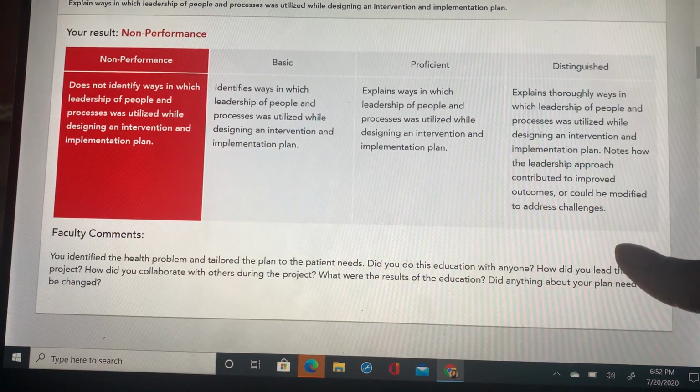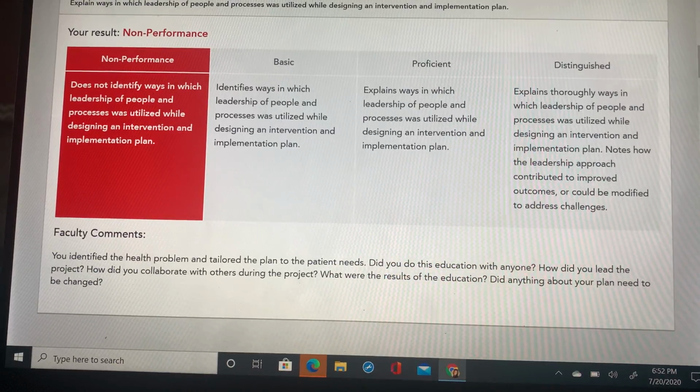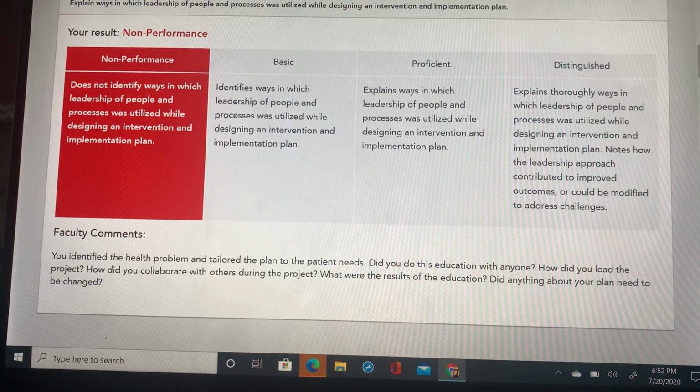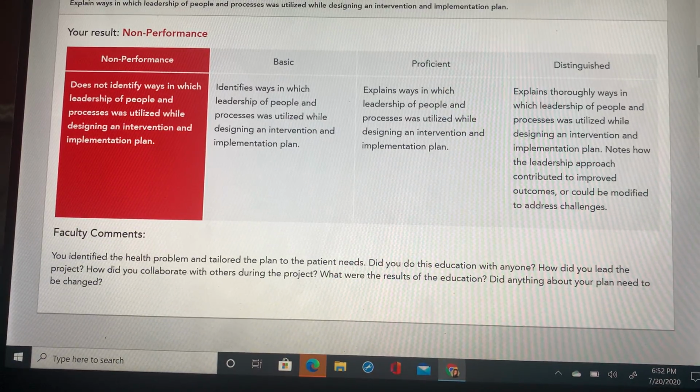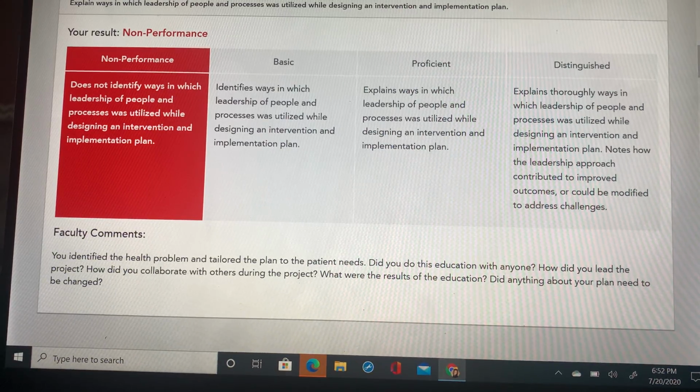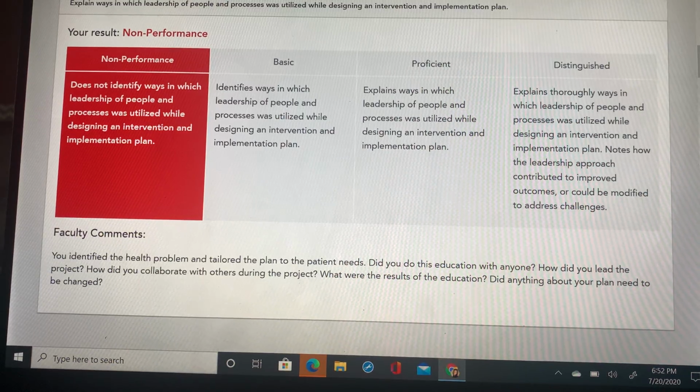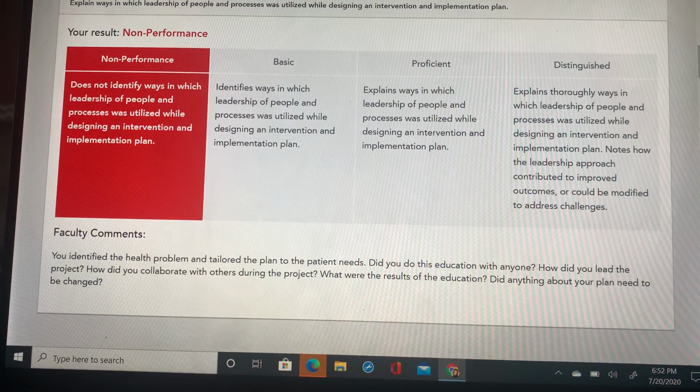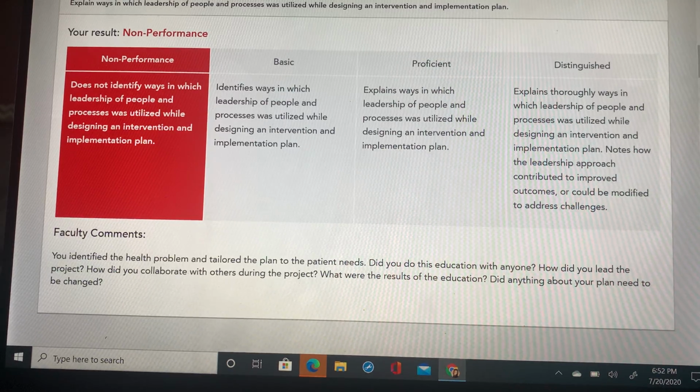So the first thing, does not identify ways in which leadership of people and processes was utilized while designing an intervention and implementation plan. I thought it was based on the patient, so I was lost here.